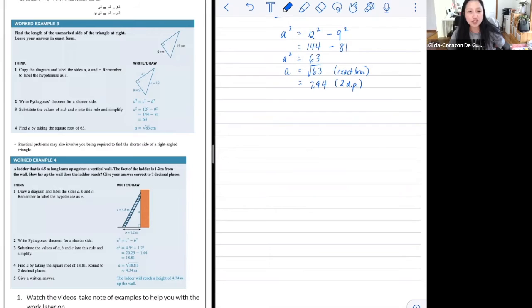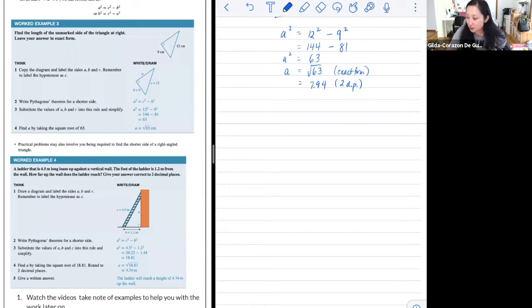When you have these word problems, the one thing that will help you a lot in solving them is drawing an illustration of what the problem describes. You don't have to draw a beautiful ladder and a wall with bricks.